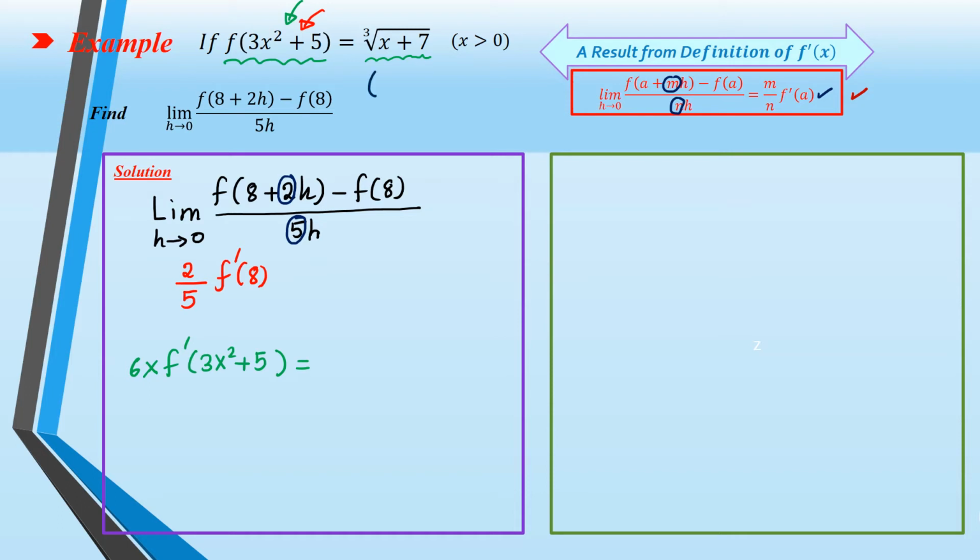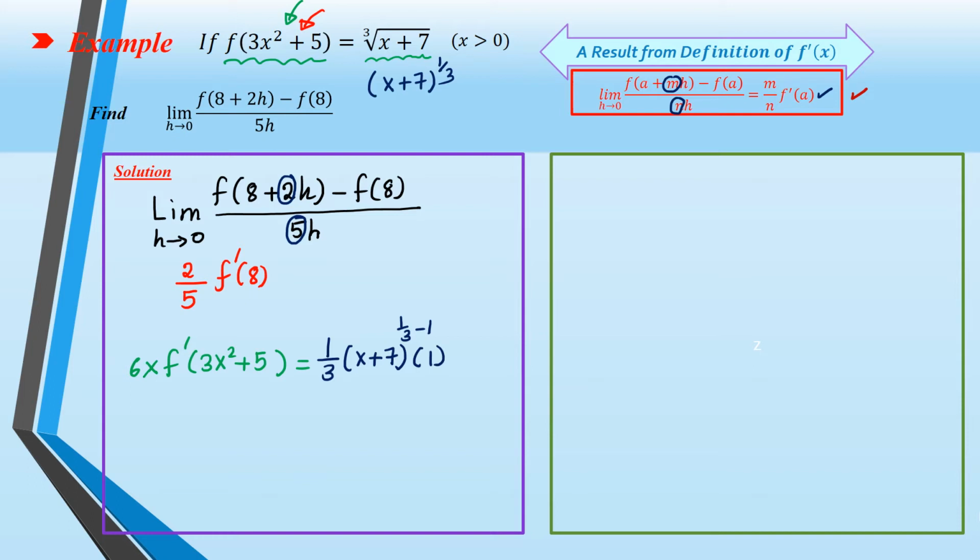Firstly, x plus 7 to the 1/3, then you can start the derivative, and the derivative of a power using the power rule is 1 over 3 multiplied by the same function to the power 1 over 3 minus 1 multiplied by the derivative of the inside function.